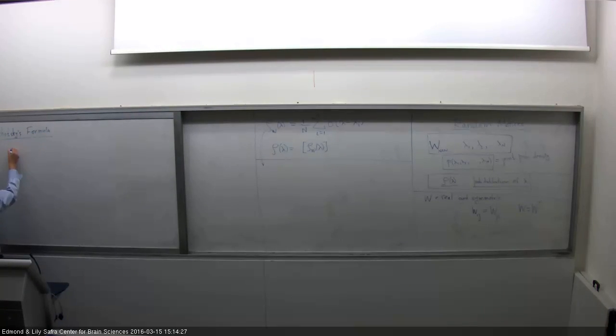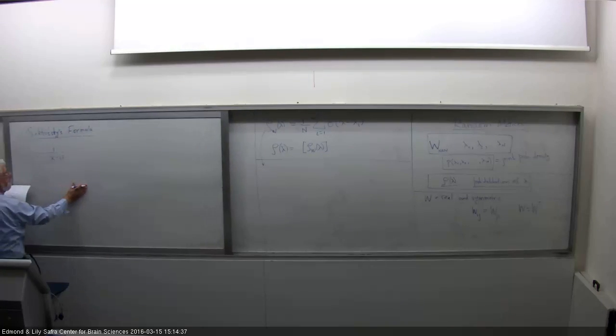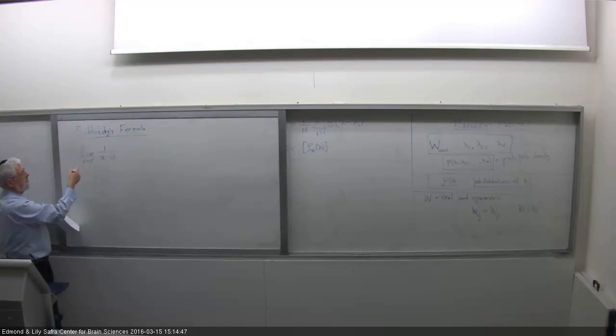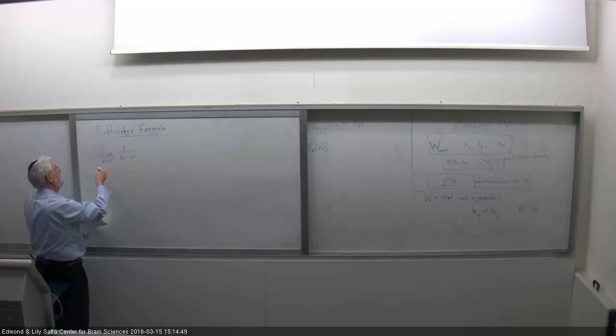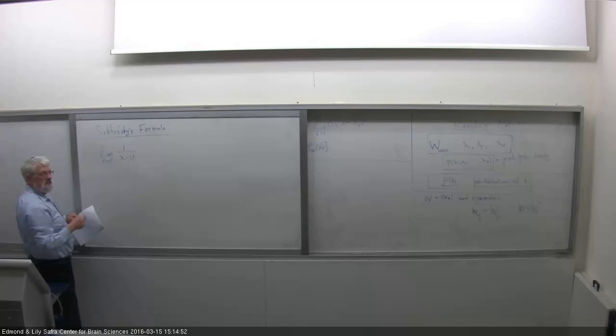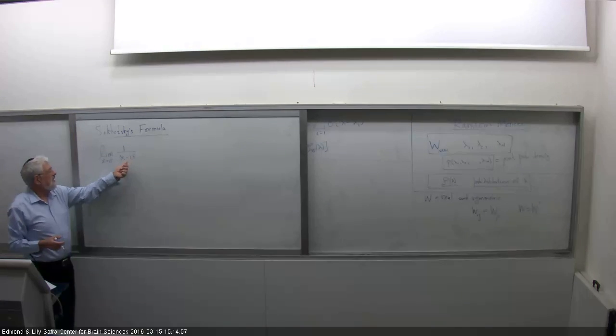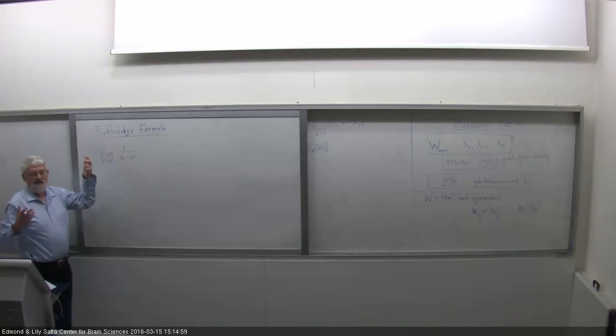So what it is is the following. Suppose I'm interested in 1 over x minus i epsilon. This is a function of x, and I'm interested in the limit of epsilon going to 0 from the positive side. So epsilon is positive and goes to 0. Of course, when epsilon goes to 0, this function has a very strong singularity at the origin.